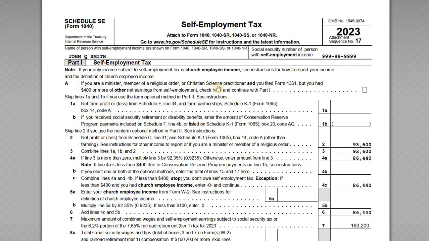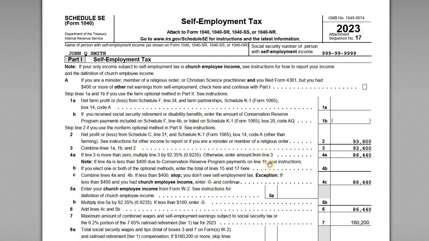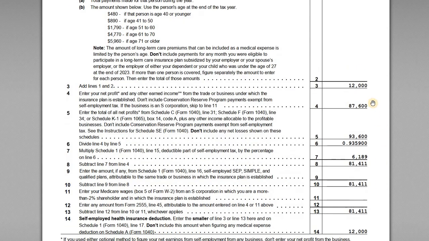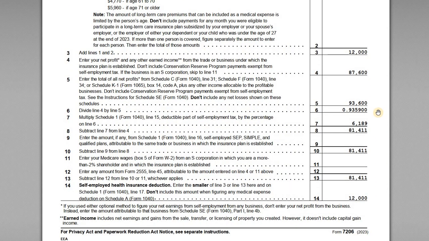Schedule SE is where we calculate the amount of self-employment tax, the deductible amount of self-employment tax. And so you can see here we have the same number, line 2, for $93,600.